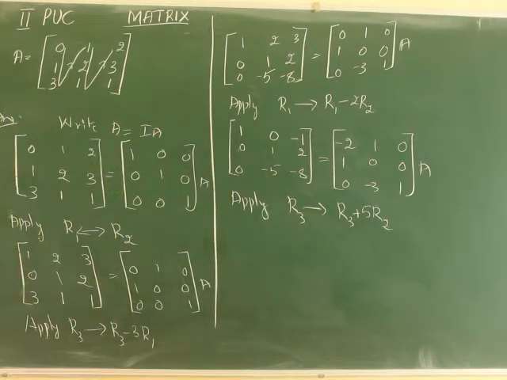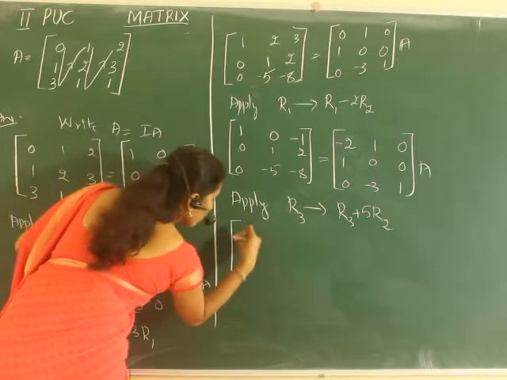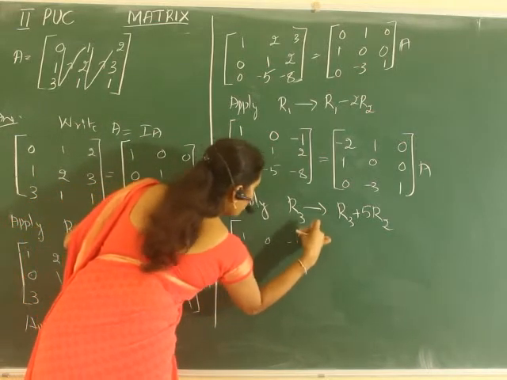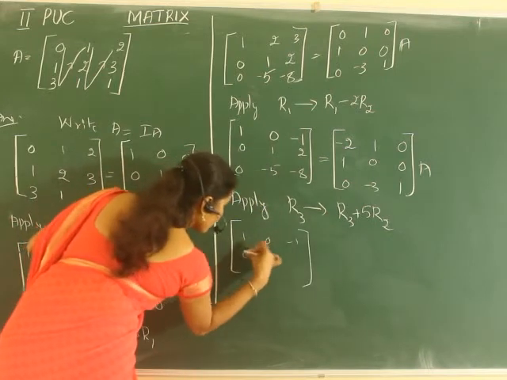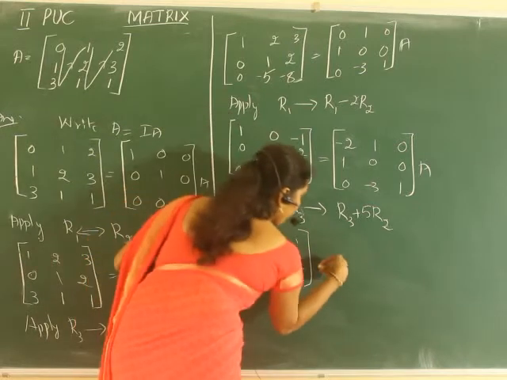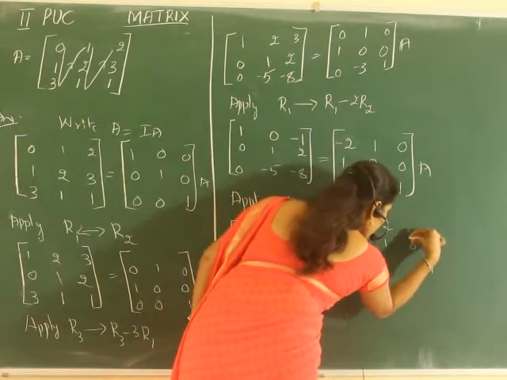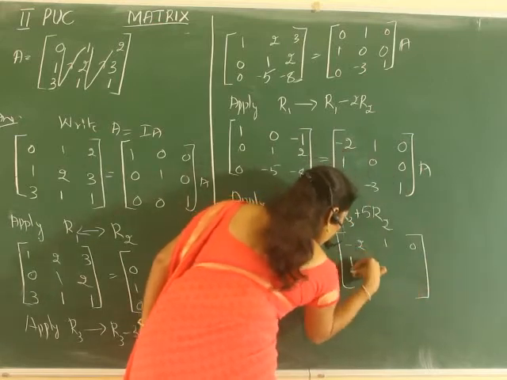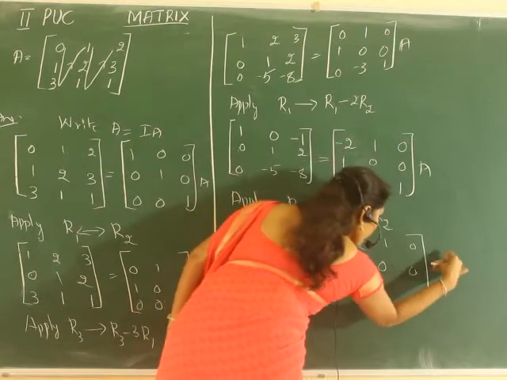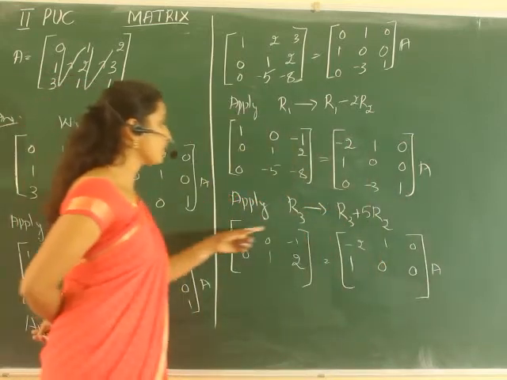So what happens? First and second row will be as it is. So what is the first and second row? 1 0 minus 1, 0 1 2, then minus 2 1 0, 1 0 0 into A. This is as it is, no changes in that, only changes in the third row.